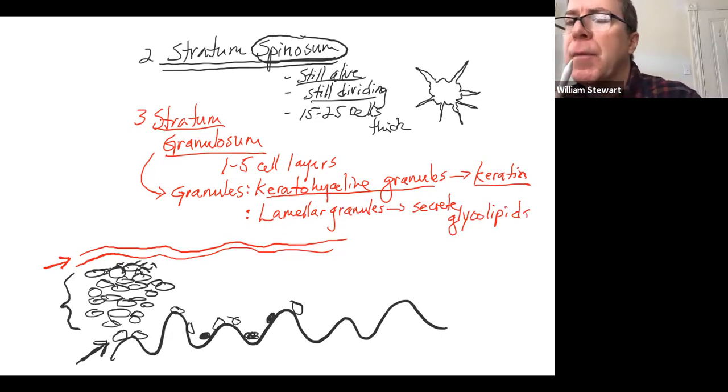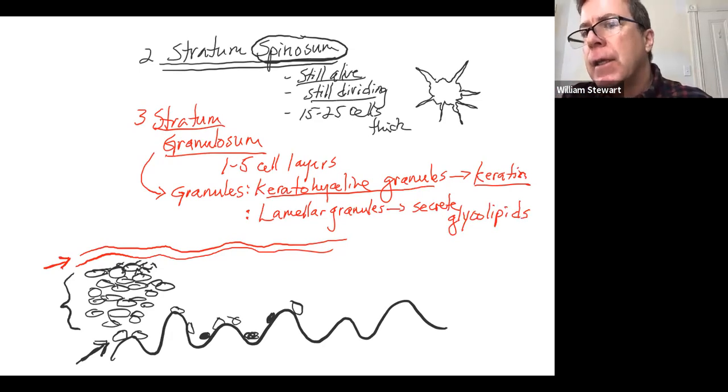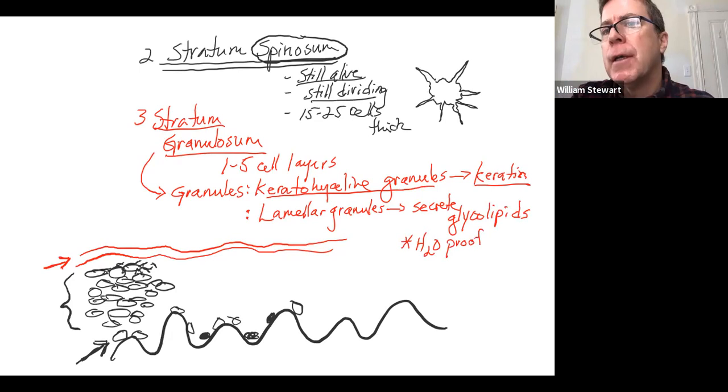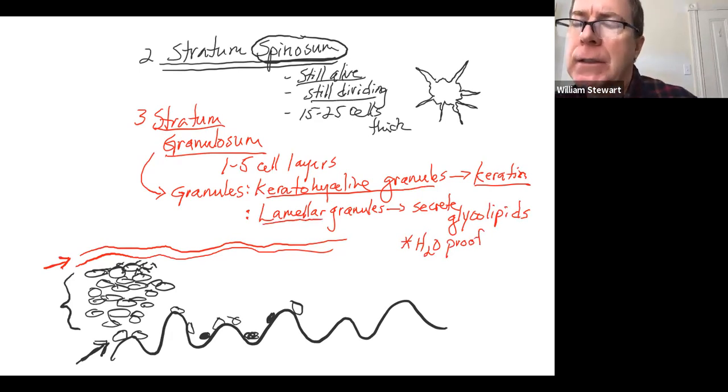Glyco means sugar, lipid means fat. So it's a combination of a sugary fat that really gives our skin its waterproofing abilities. So I'm just going to write waterproof. So those lamellar granules are largely what give our skin its waterproofing ability.